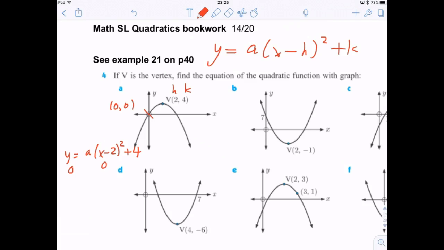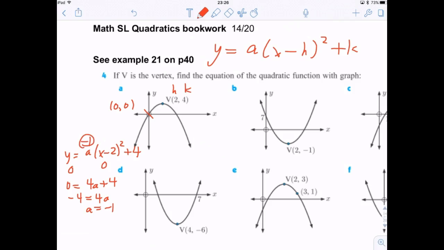So it's going to be 0 equals a times negative 2 squared plus 4. Negative 2 quantity squared is 4. So it's 4a plus 4. So 0 equals 4a plus 4. So we're going to subtract 4 from both sides. We're going to get negative 4 equals 4a. A equals negative 1. Okay, so our a value turns out to be negative 1.